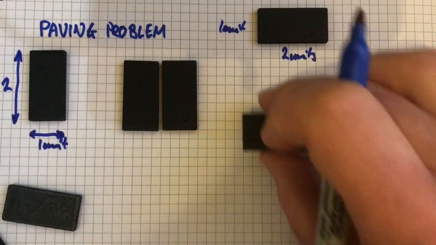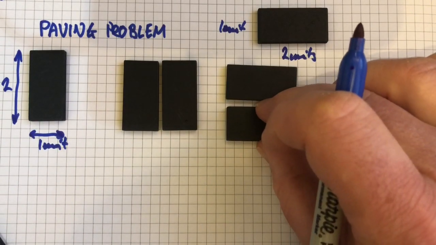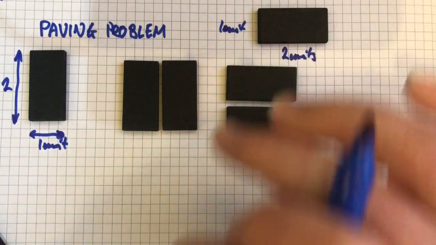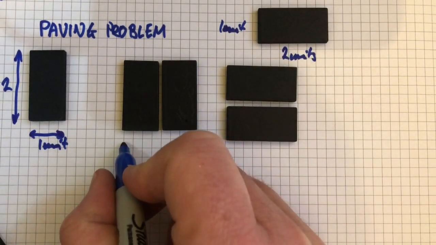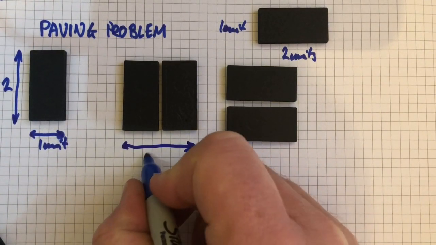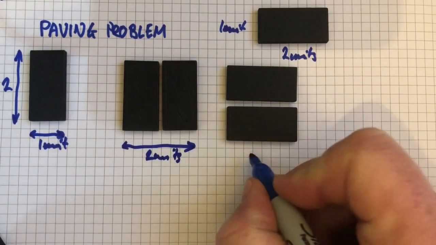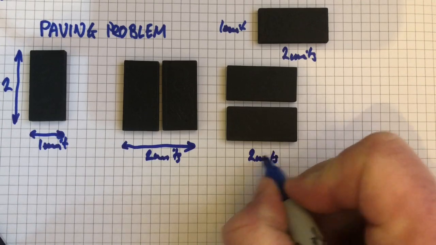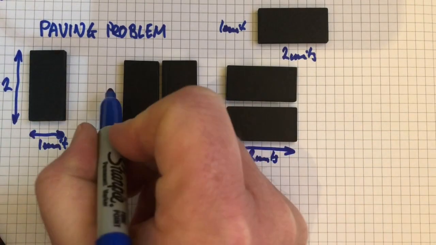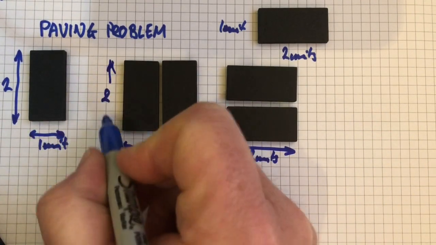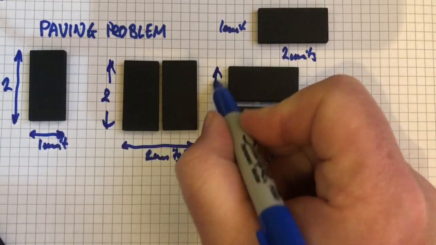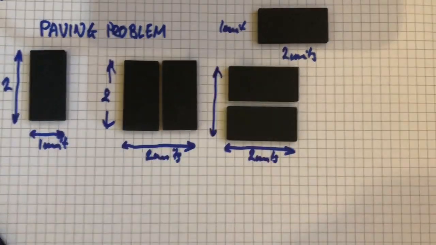But I could also have one there and one there. So there are 2 ways I can create a path that is 2 units long and 2 wide. So there are 2 ways.